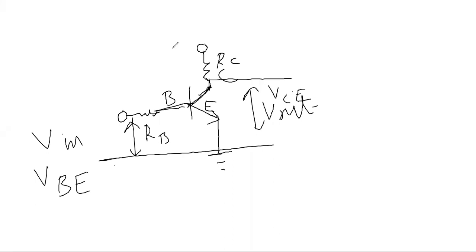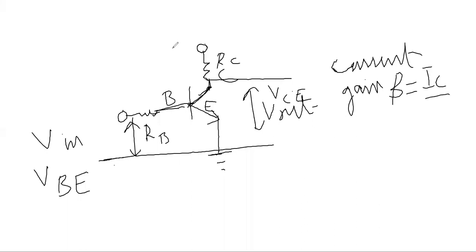We also said that there is a current gain of a transistor, shown with beta, which is given by IC over IB.